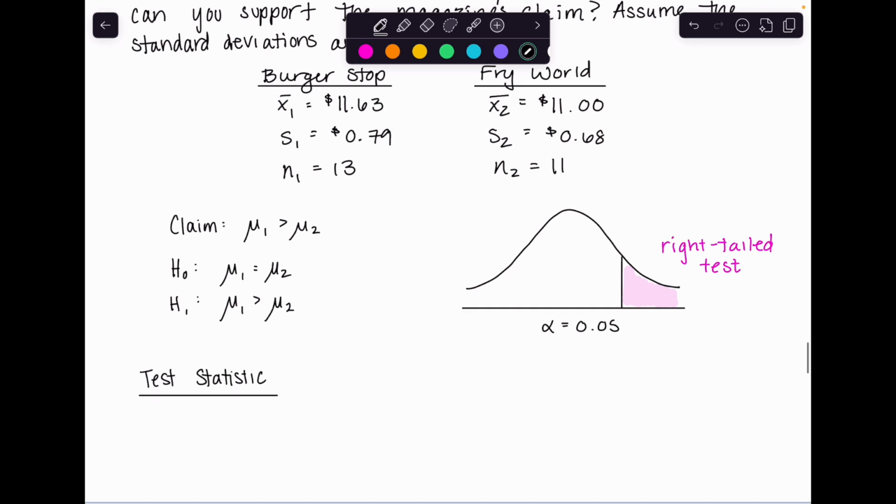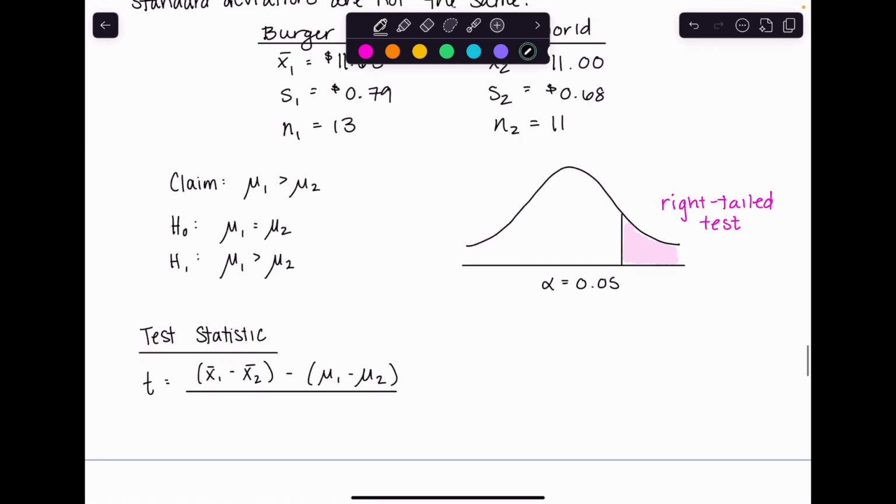So just to write all of that down, our value of t is the difference in the sample means minus the difference in the true means over a giant square root, which is the standard deviation of sample 1 squared over its sample size, and then the same thing with the second sample. Because we're assuming for the null hypothesis these are equal, this one is going to be 0.